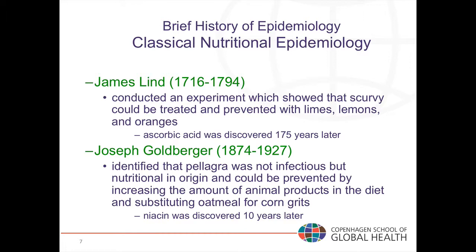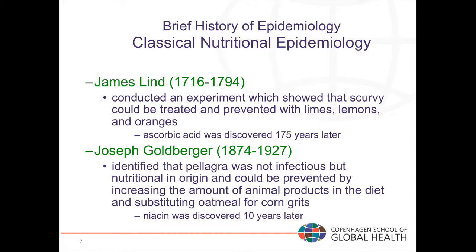Joseph Goldberger, born in Hungary back then, migrated to the US and identified that pellagra was actually not an infectious disease, but of nutritional origin. And it's very interesting to think about and read about him, how he did this discovery and the mind shift he needed to achieve in the scientific but also in the public health or governmental community.